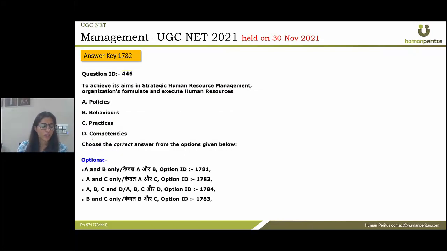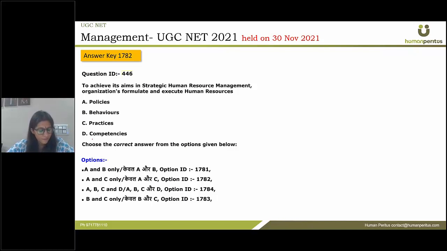Next question. To achieve its aim in strategic human resource management, organizations formulate and execute human resources. Which of the following? Policies, behaviors, practices, competencies. Strategic HRM is the process of linking the HR functions with the strategic objectives of the organization. Now, Gary Dessler has given this definition also for strategic human resource management.